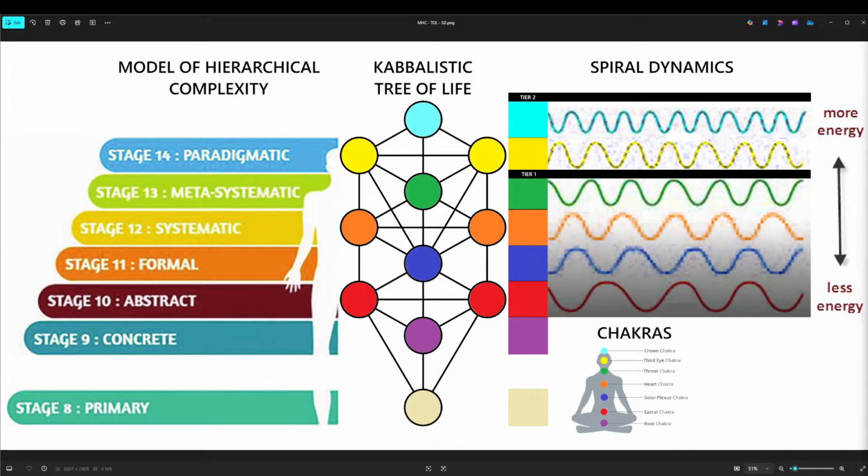Like green, moving to the Kabbalistic tree of life, the green Sephiroth on there is called Da'at, which means knowledge.